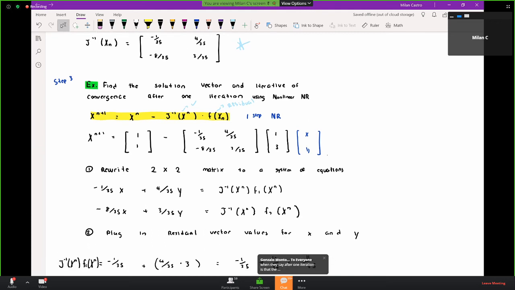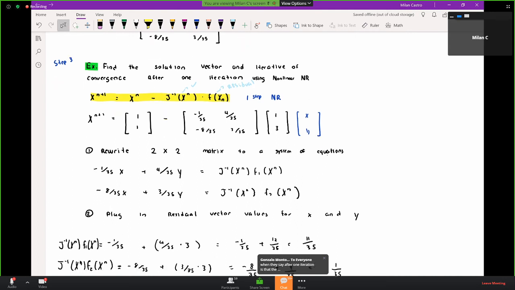So first thing we're going to do is rewrite our 2 by 2 matrix into a system of equations. I already explained it, so I'll do this so I can visualize it better.